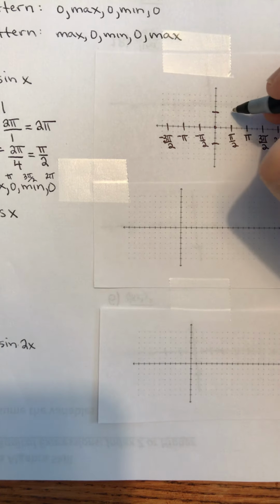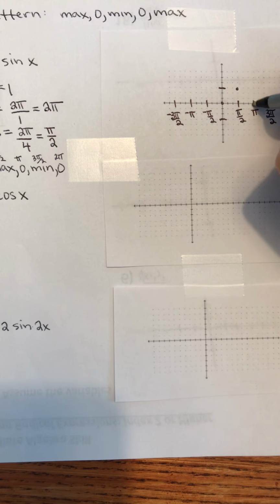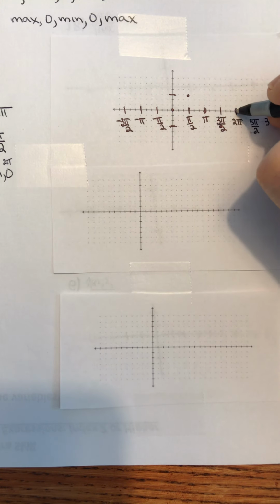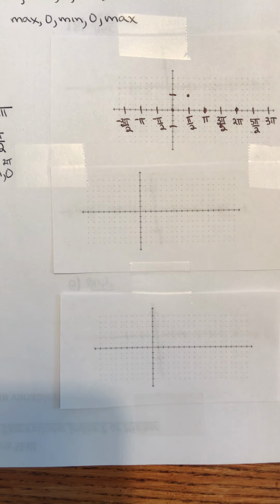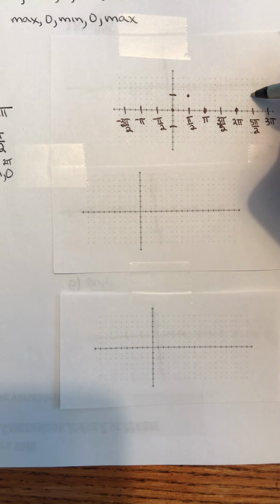At pi over 2, I'm at a maximum, and the maximum is my amplitude of 1. At pi, we're back at 0. At 3 pi over 2, we're at a minimum. At 2 pi, we're at 0. And this pattern just keeps going on and on: 0, max, 0, min, 0, max, 0, min.